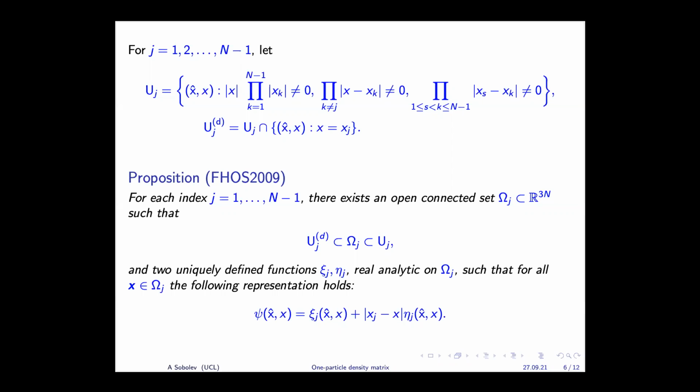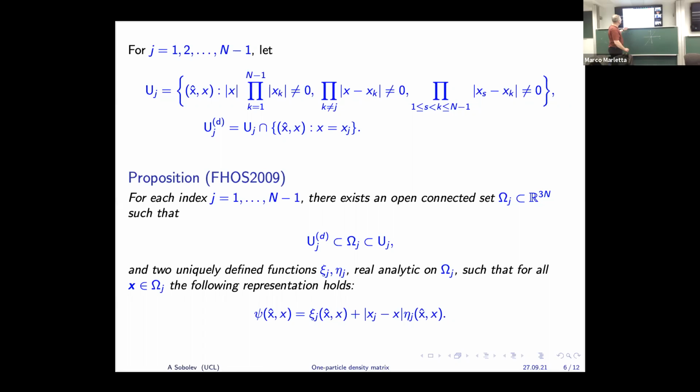First of all, none of these particles touches the origin, so we throw from this plane both axes, and then the diagonal will be this. This is where they meet. This diagonal is, of course, included in the set U1, but the origin is excluded.